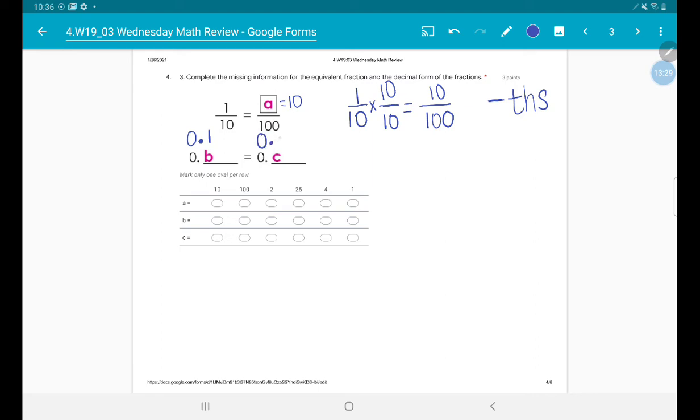So C is equal to 10. Okay, so A was equal to 10, B is equal to 1, and C is equal to 10.